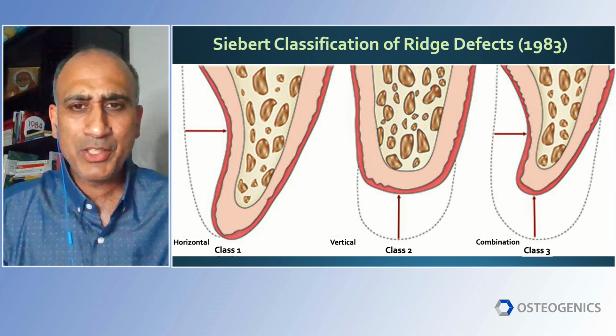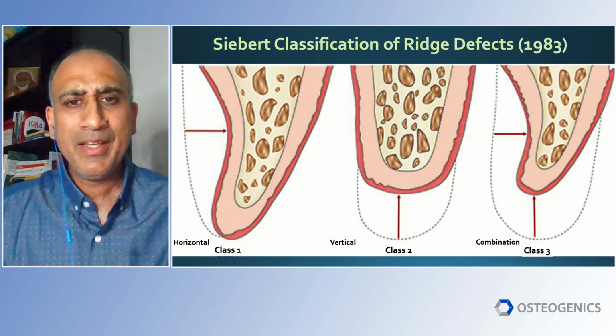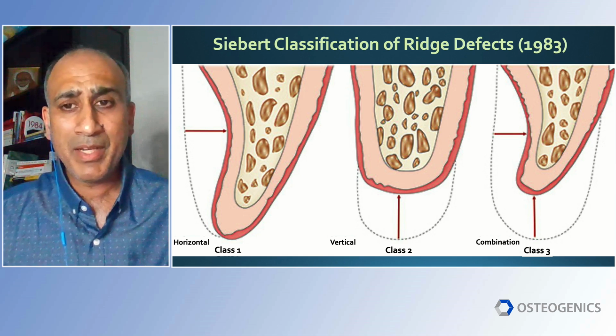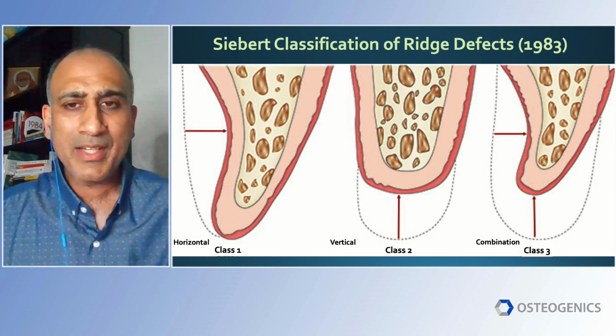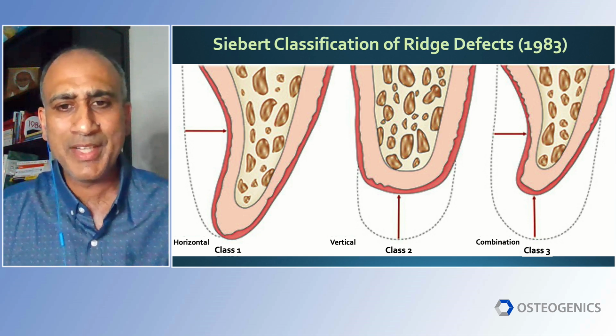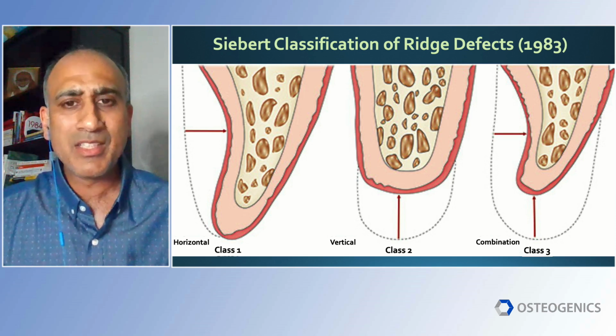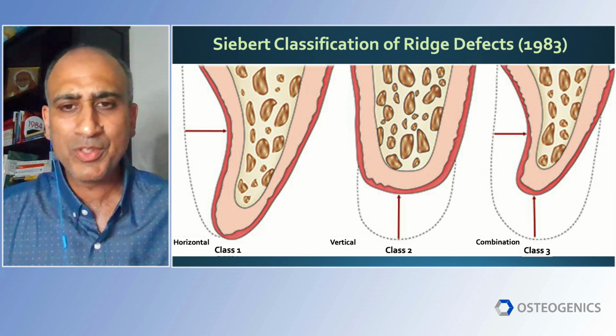And as you can imagine, as you go from class 1 to class 3, the complexity of the case certainly becomes more and more. Now, notice I didn't say predictability becomes less and less, right? Because we have the tools now to be able to treat all class 1, class 2, class 3 in somewhat predictable fashions if we follow proper surgical principles and respect the biology of bone healing.